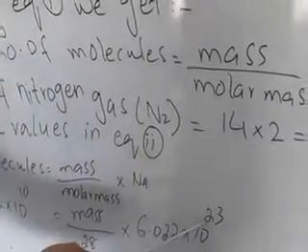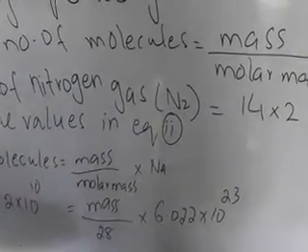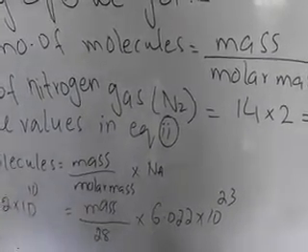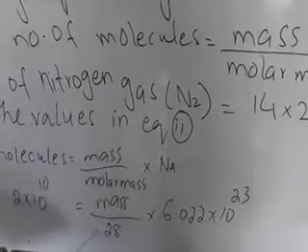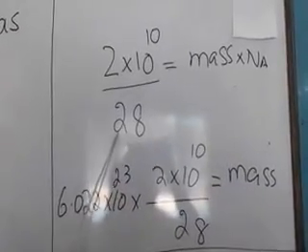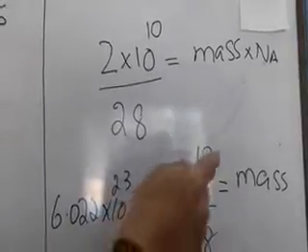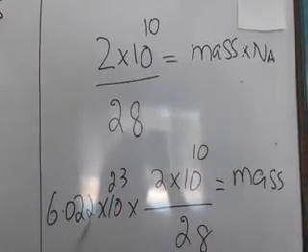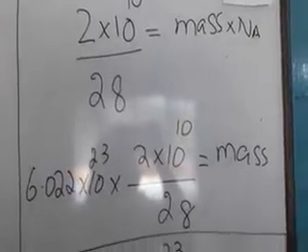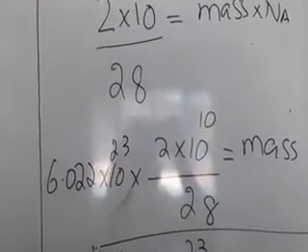Now following the mathematical operations, taking both these values to the other side according to mathematical rules, mass will be divided on the other side and the Avogadro's number will be multiplied. So finally mass is equal to 2 into 10 raised to power 10 divided by 28 and multiplied by Avogadro's number.